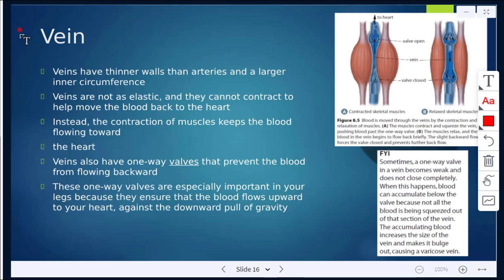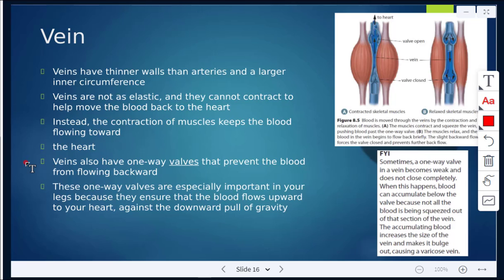The veins have thinner walls than arteries and a larger inner circumference. They are not as elastic and they cannot contract to help move the blood back to the heart. Instead, the contraction of muscles keeps the blood flowing towards the heart. Veins also have valves.